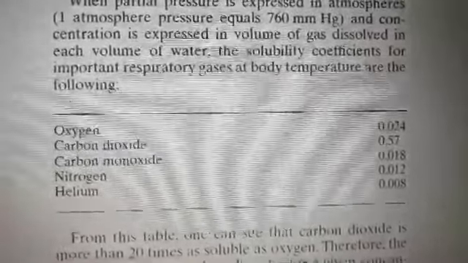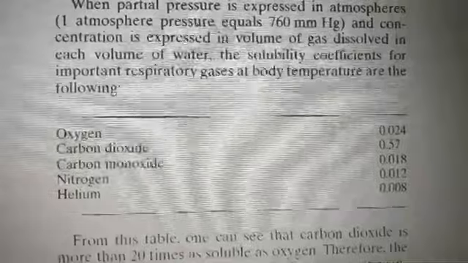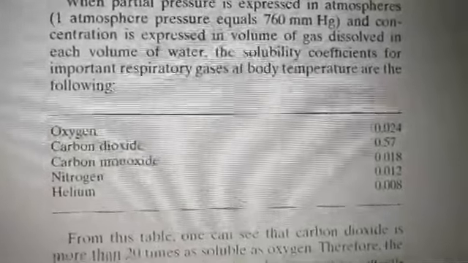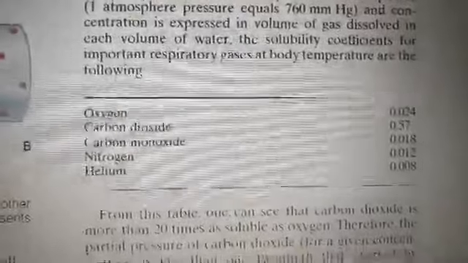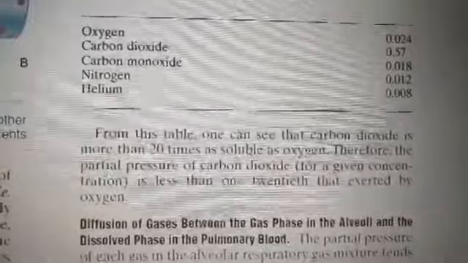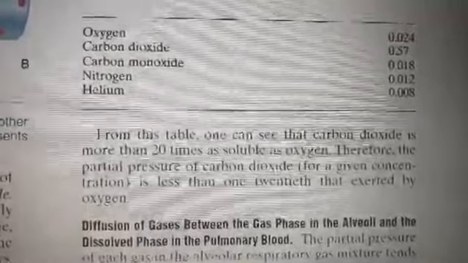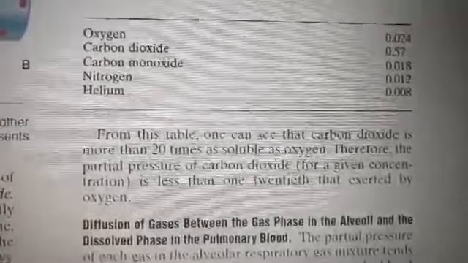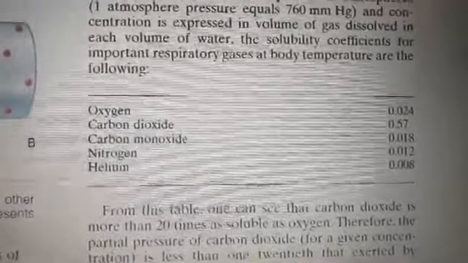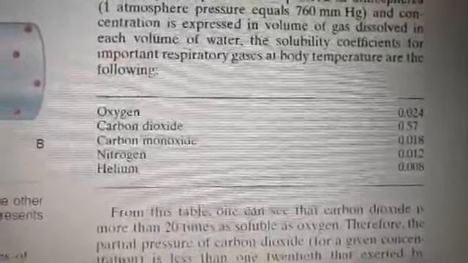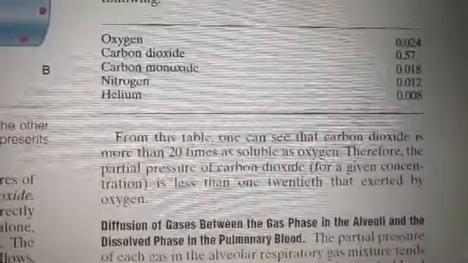You can compare both of these. The solubility coefficient of carbon dioxide is far more than oxygen, about 20 times more. You can see here carbon dioxide is more than 20 times as soluble as oxygen. So this is very important. You can compare the solubility coefficient of oxygen and carbon dioxide.